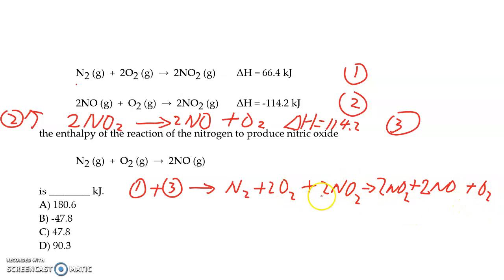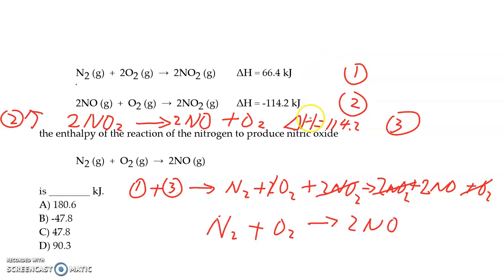All right, so these 2 NO2 I can cancel out. Here I have 2 oxygen, here I have 1 oxygen, so I'm going to cancel this oxygen. Let's make it cleaner. So I will have N2 gas plus O2 gas, that is going to give me 2NO gas.